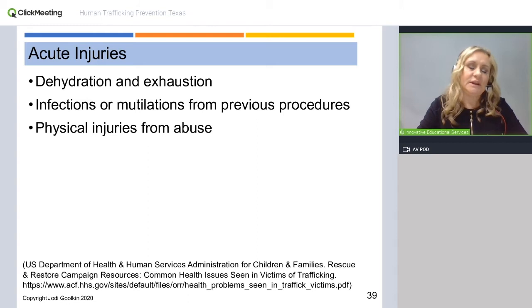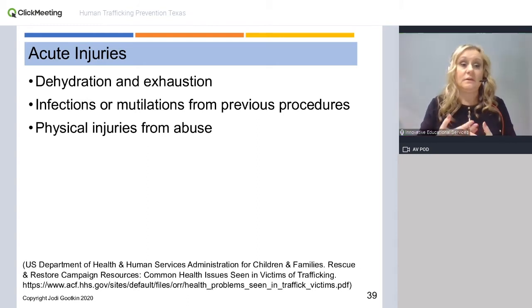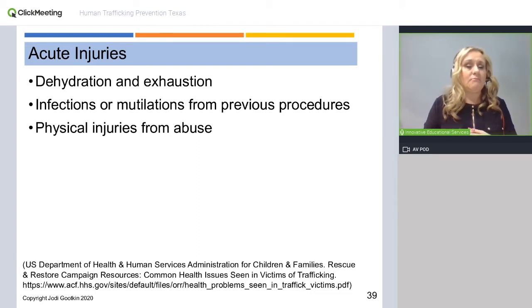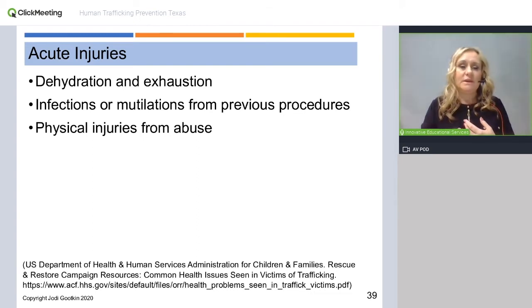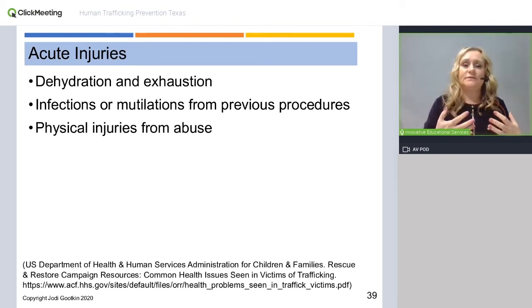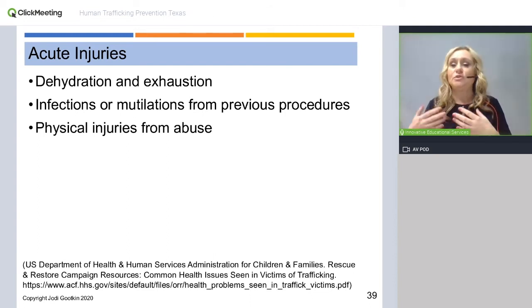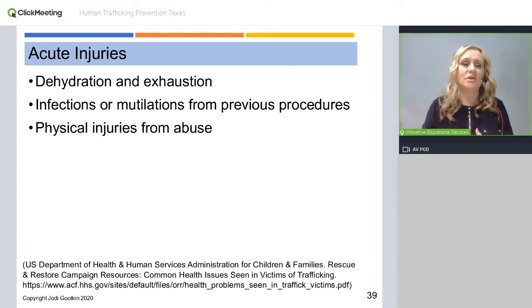Acute injuries that an individual may sustain can be the result of the physical abuse that they are enduring, as well as the work circumstances that they have to endure. It might be extremes of heat or temperature that is causing excessive exhaustion and dehydration, or just the hours that they are having to work.